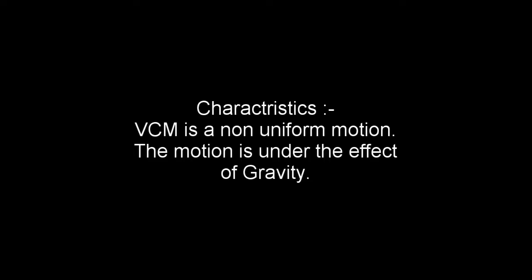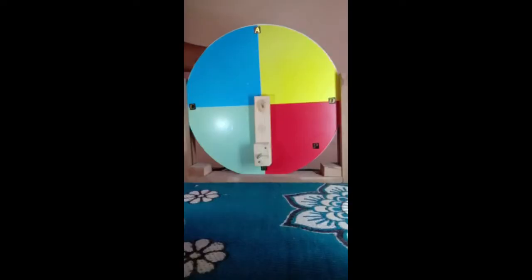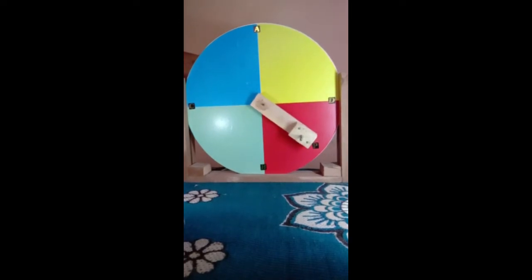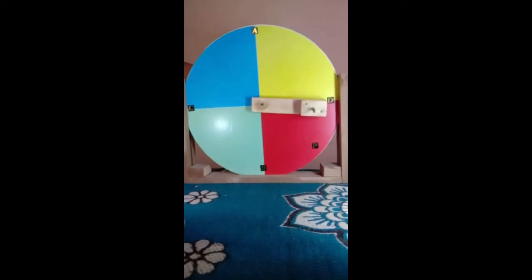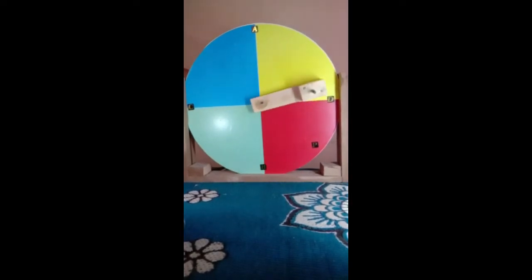Let us try to understand the dynamics of vertical circular motion. In this model, you can observe an object which is attached to a rod and it is performing vertical circular motion in a circle of radius r.